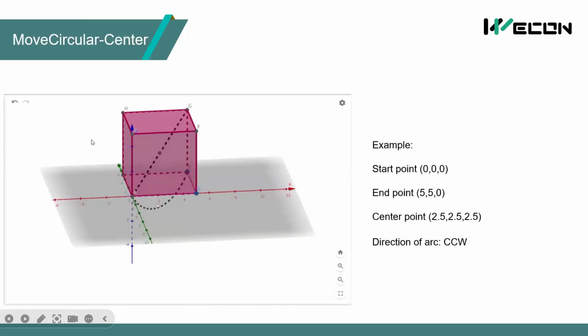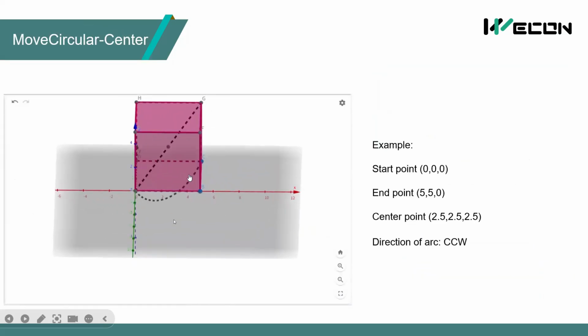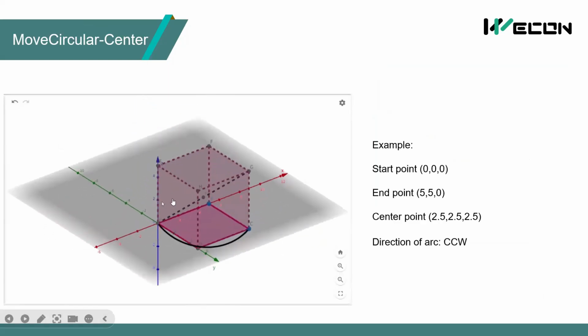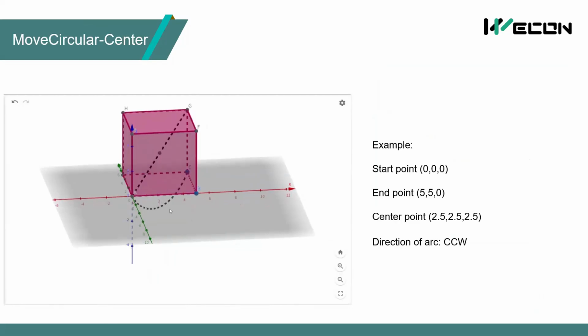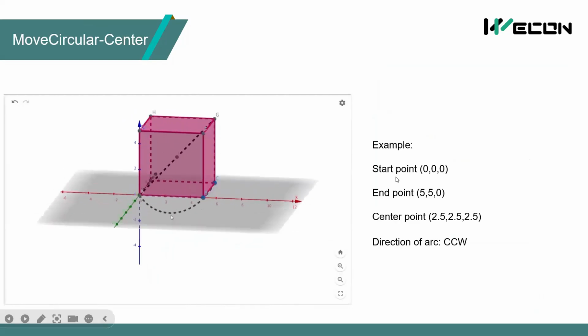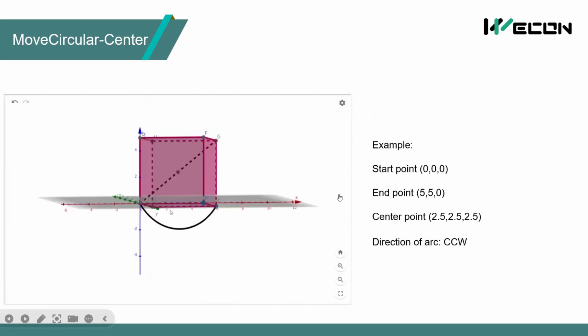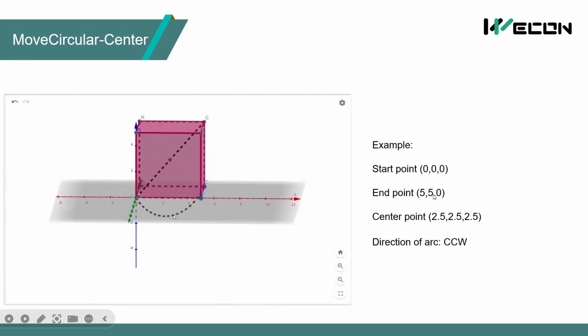And now let's use this example to build the learning of the function block. For example, here our start position is 0, 0, 0, and the end position is 5, 5, 0.